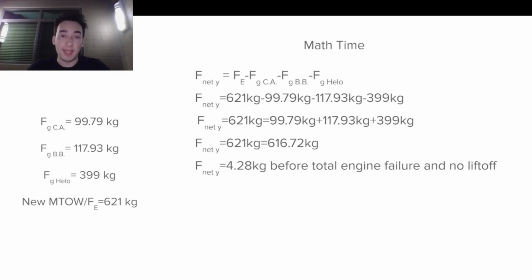If we had 4.28 kilograms more weight added on to this, then the helicopter wouldn't be able to take off in the first place. So if everyone had a really heavy lunch, probably wouldn't go anywhere.